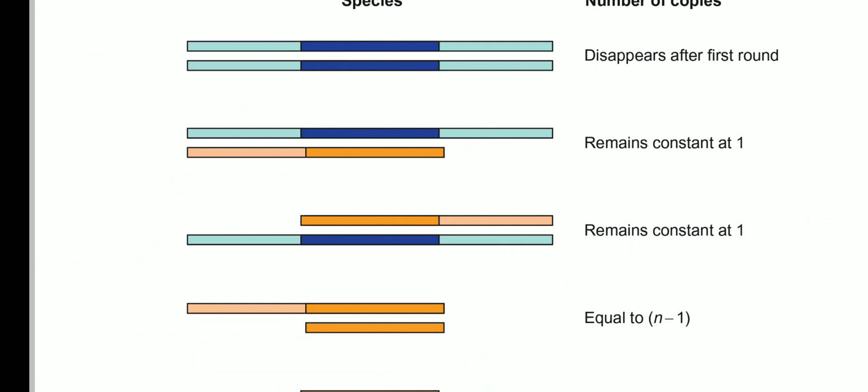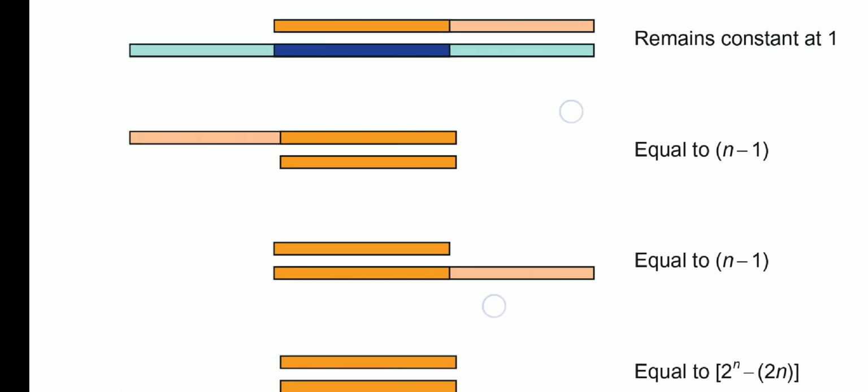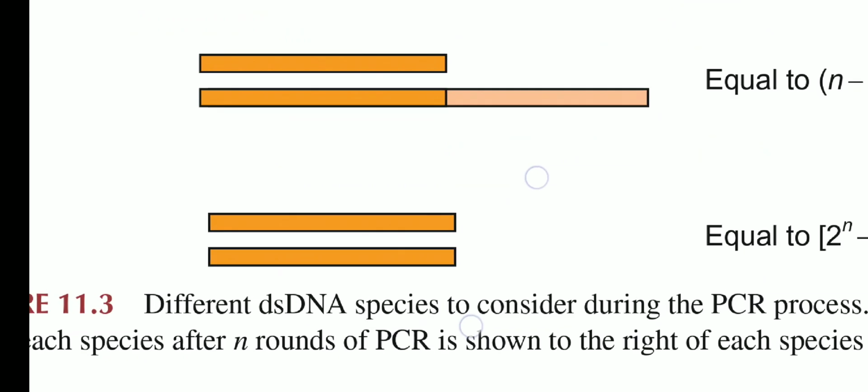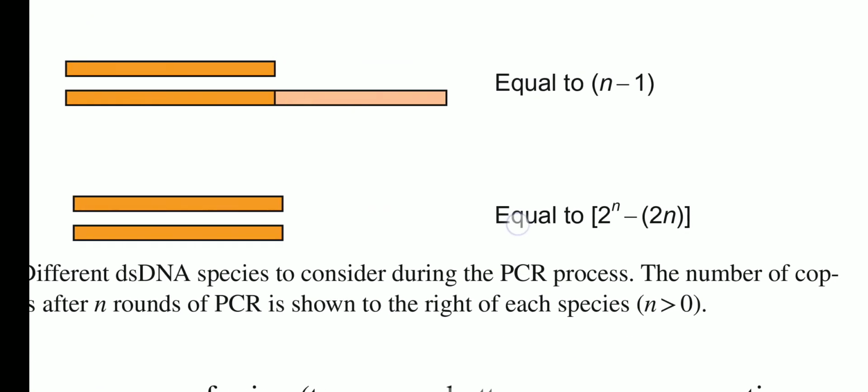We will get only two of this kind of DNA. Then we are going to have this kind of DNA, one minus the number of cycles. If you have 30 cycles of DNA amplified, then we will have a total of 58 of this kind of DNA, and we are going to have our desired gene up to 2 to the power n minus 2n times.